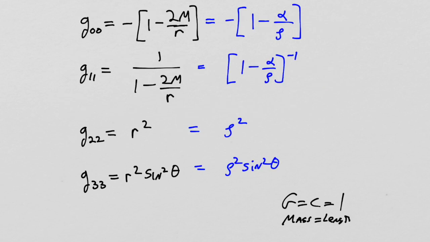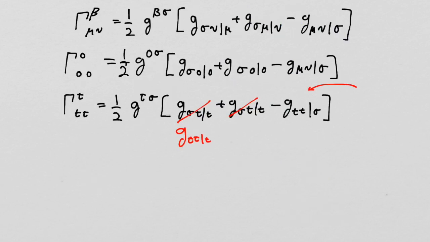And we definitely know that GTT, G rho rho, G theta theta, and G phi phi are the four matrix elements. So these are immediately 0, which leaves us this one. We've already established that.